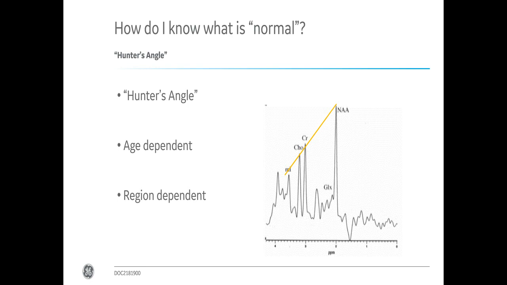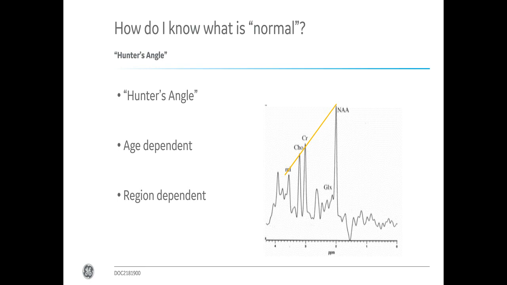So because children start with a low NAA, and when they grow older, the NAA gets higher, and also starts with a higher choline and myoinositol. And we know it is region-dependent. So there are some regions where the choline is a little higher. So I already pointed out the differences between gray and white matter.